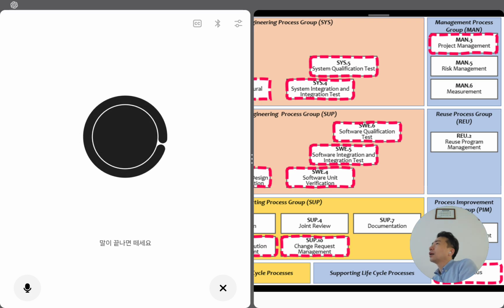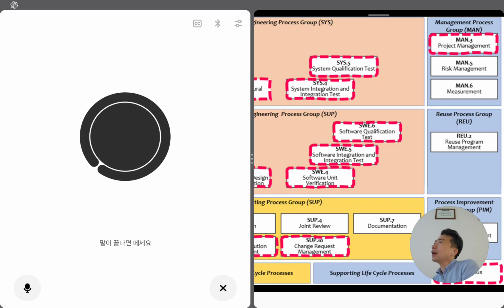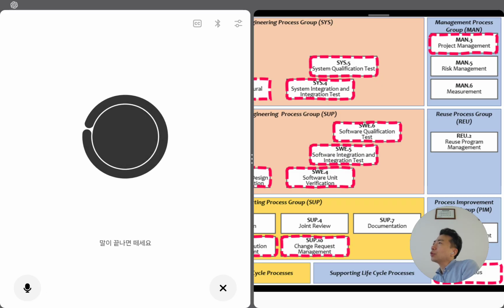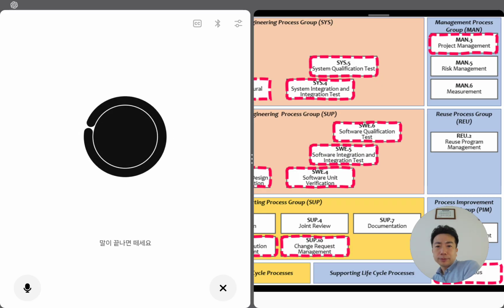So I think a PM needs to type very fast, in short, very clearly, because he has to make the invisible visible, right?